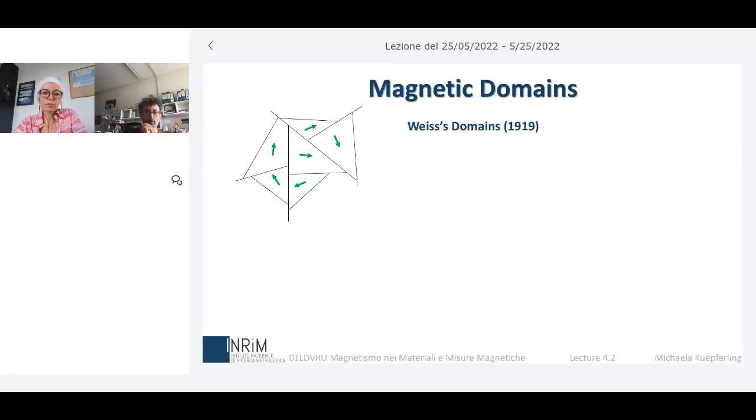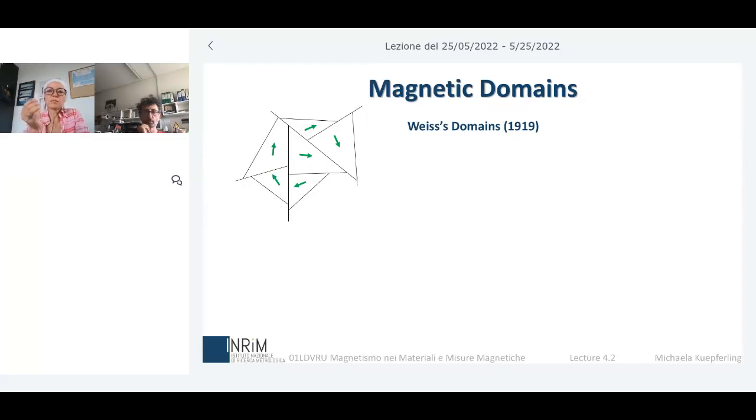And this was, of course, a very good description of ferromagnetism, but it was not clear exactly how the magnetic domains, how the material behaves, because if one magnetic moment aligns with all other magnetic moments that are surrounding it, then, of course, in iron, all magnetic moments should be always aligned.